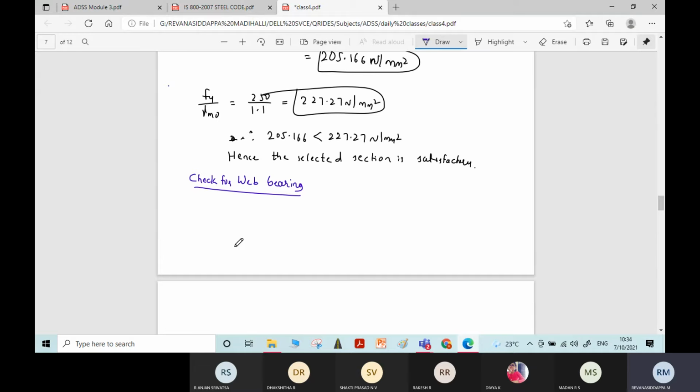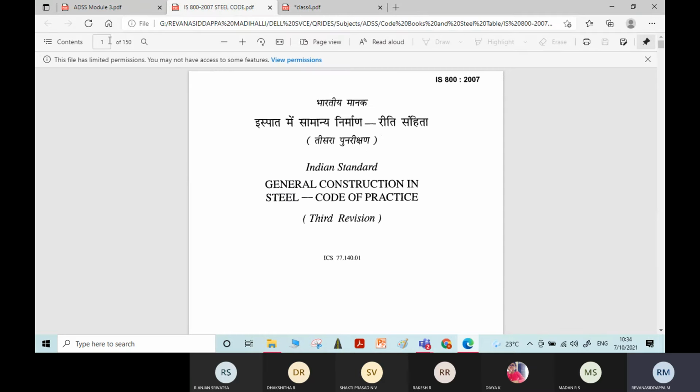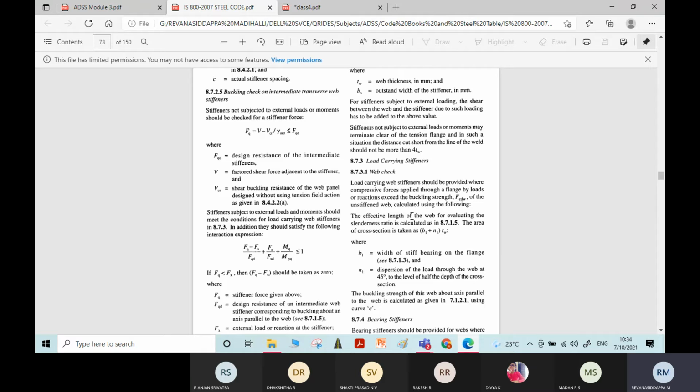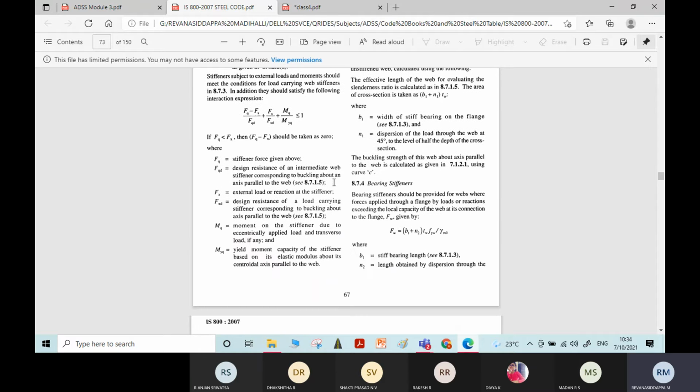Write the formula which is there in page number 67 of the code book. Here we have the formula. Copy this formula.